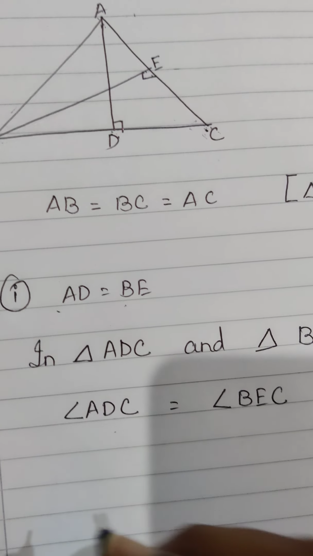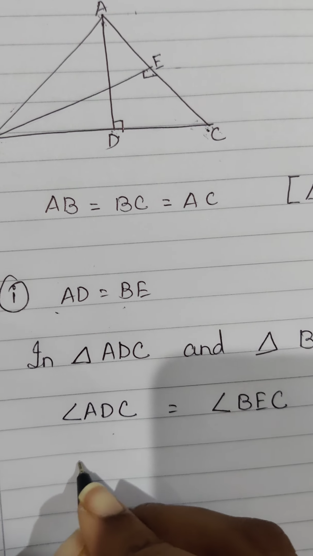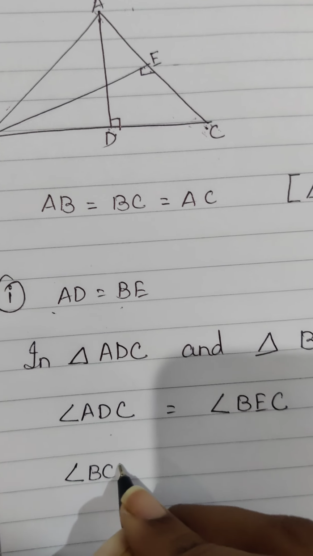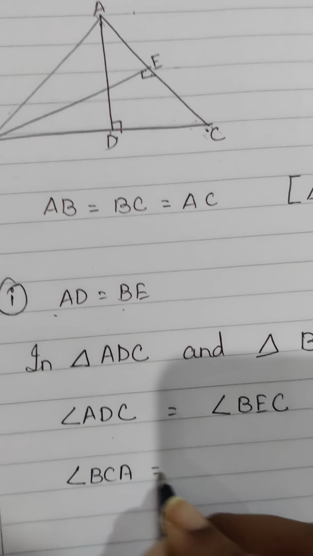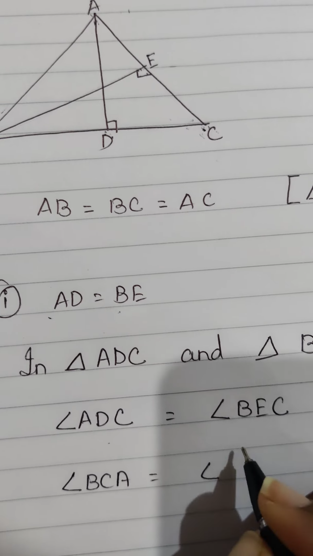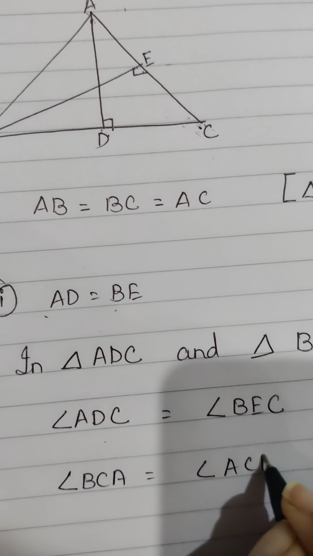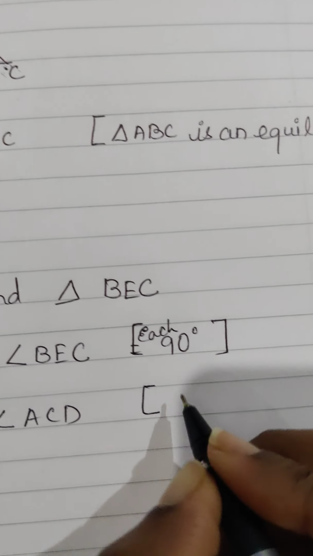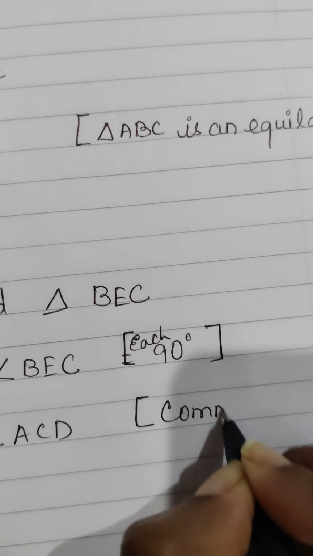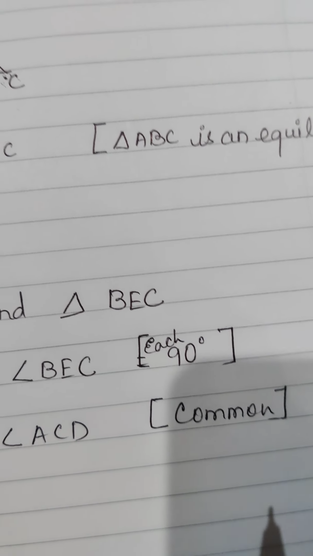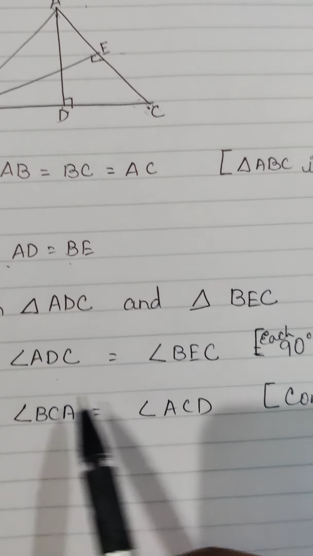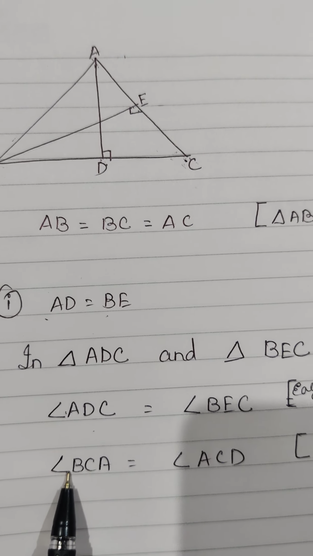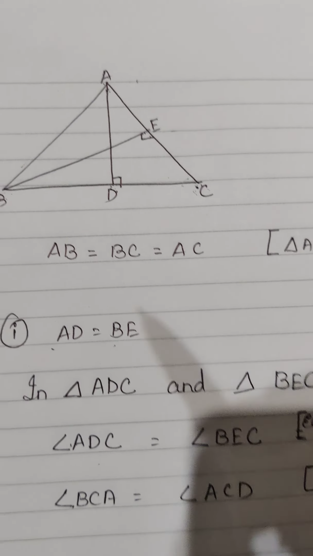We can write angle BCA is equal to angle ACD. That is common. Now coming to two angles we have got, so either one angle or one side we can get.